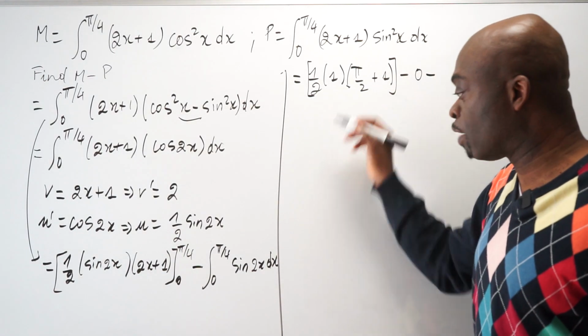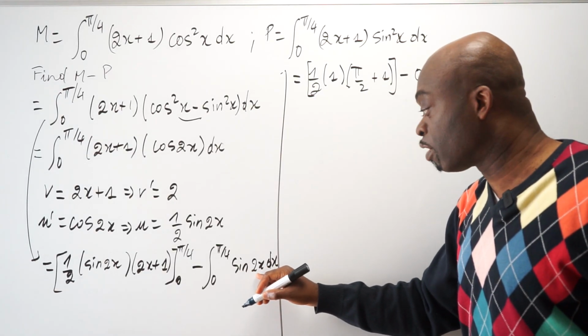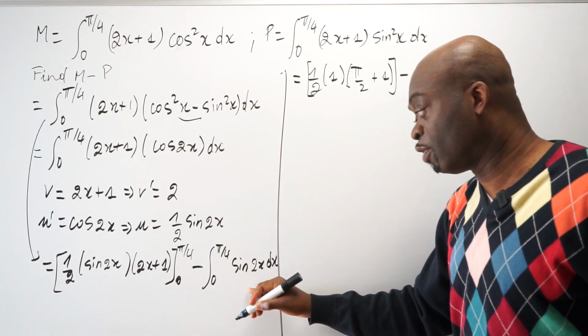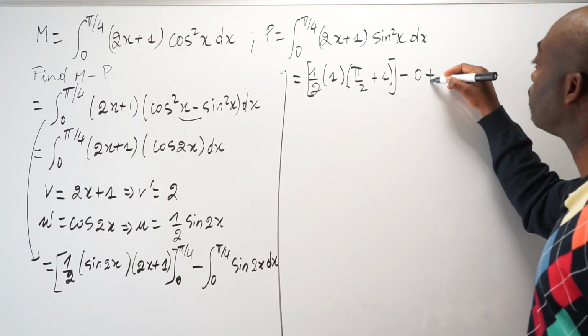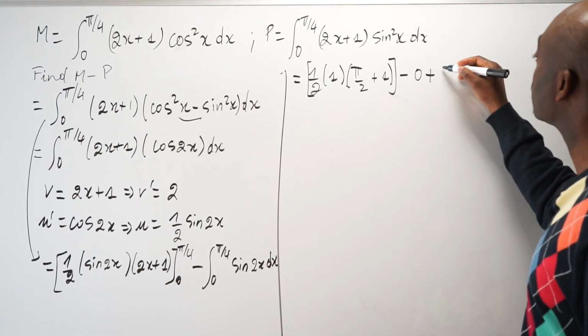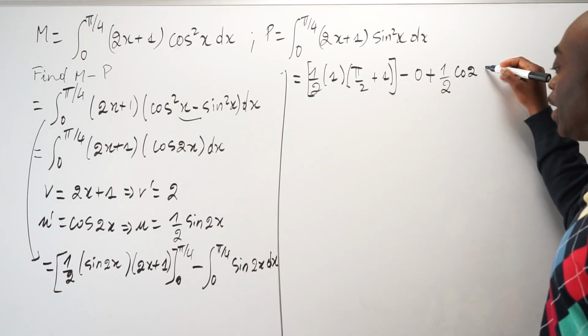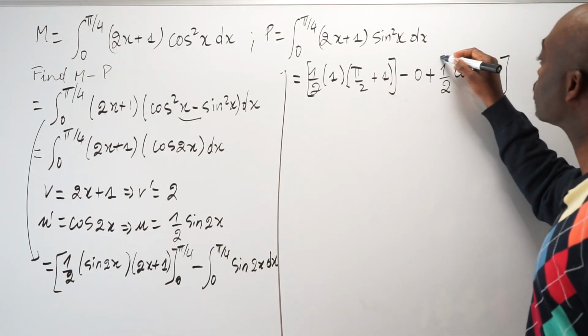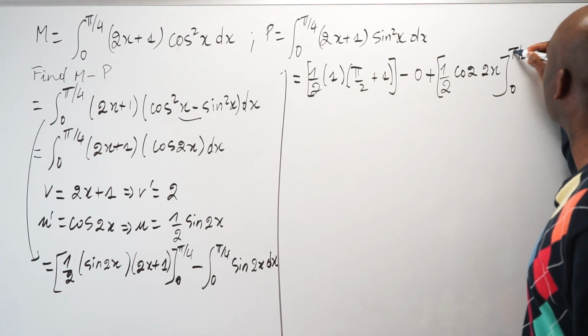To work that one out, the integral of sine 2x is negative 1 over 2 cosine 2x. So the negative will give us positive 1 over 2 cosine 2x, and that is also from 0 to pi over 4.